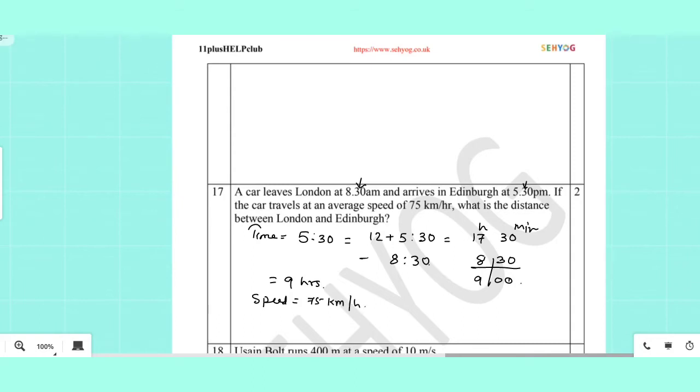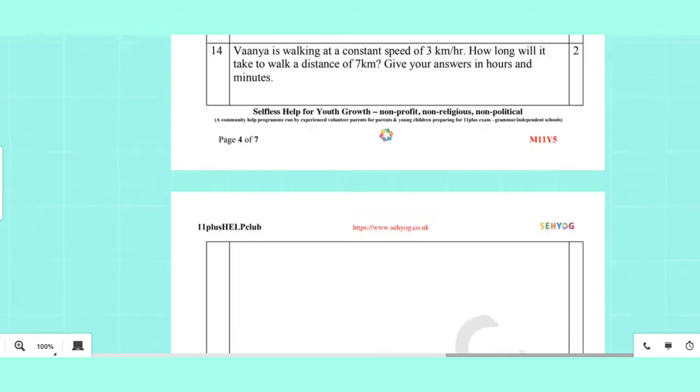So, the distance is the speed, that is per hour, 75 kilometers travelled, multiplied by the number of hours travelled, 75 multiplied by 9. So, which means it is speed multiplied by the time. 75 times 9 gives us 675 kilometers. So, the answer is 675 kilometers.